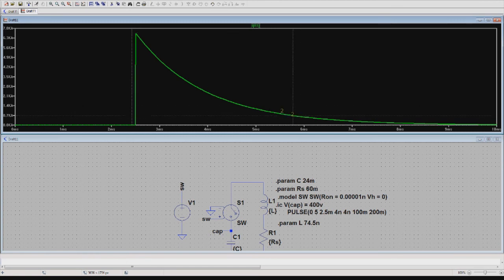You can see it's already decreased to 6.6 kiloamps, which is nothing like what we had previously, but that's because we added a factor 10 to it. But what if we increase the inductance?